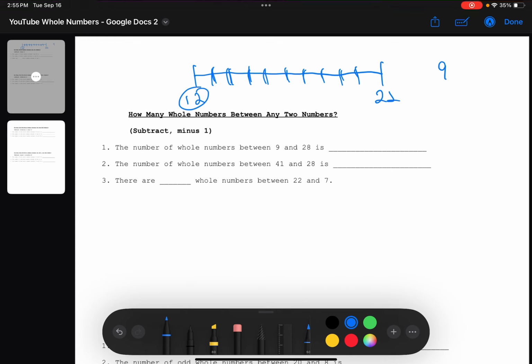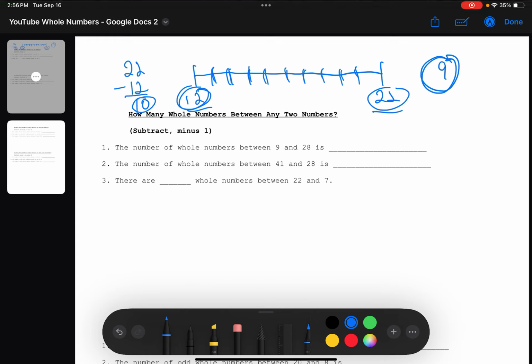Now, the thing is that sometimes these numbers are so far apart that it'd be really time consuming to even do the counting. So what we can do is we know there's 9. Now, what if we subtract? A lot of times we subtract when we find the distance between them. So like 22 minus 12, that's equal to 10, but the 10 doesn't match up with the 9.